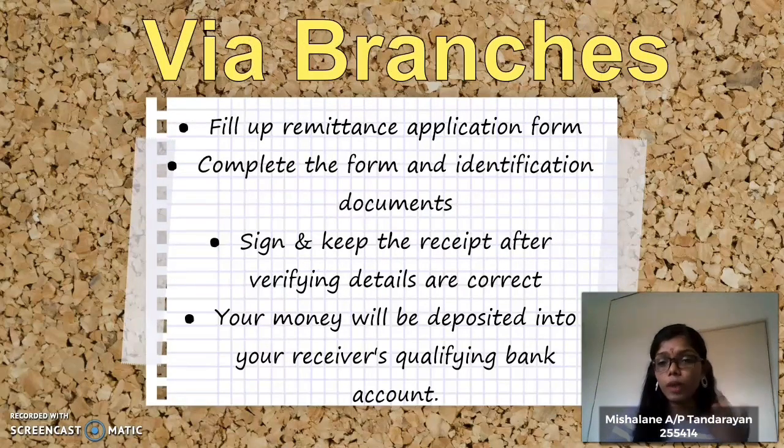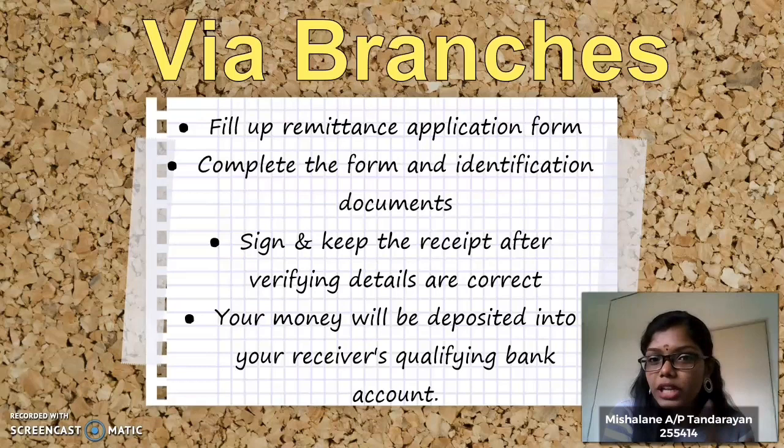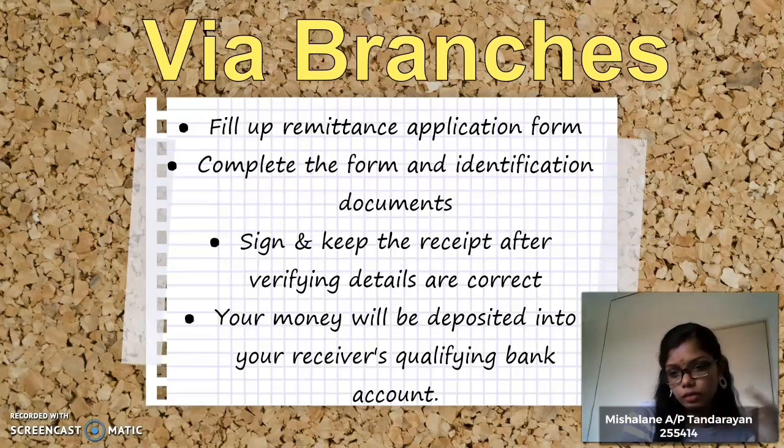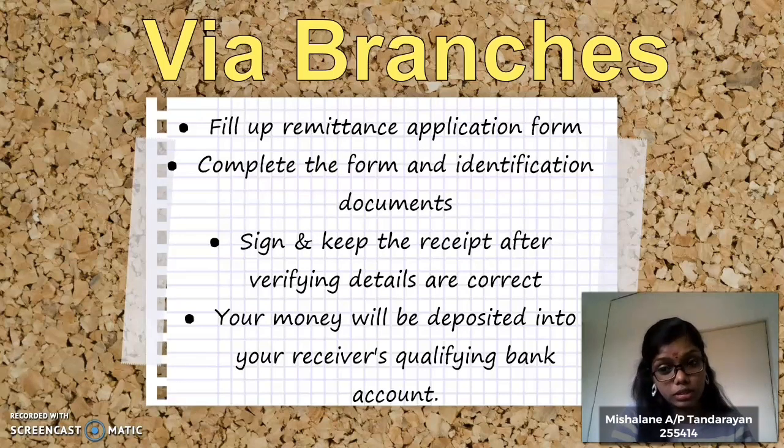Okay, if we are at a branch, there are a few steps. We have to visit the branch and get the remittance application form and fill it up. Second, complete the form and the identification documents related to the application form, and then sign and keep the receipt after verifying the details are correct.